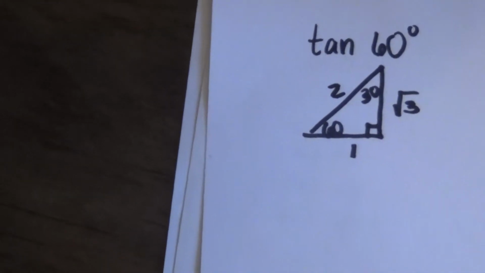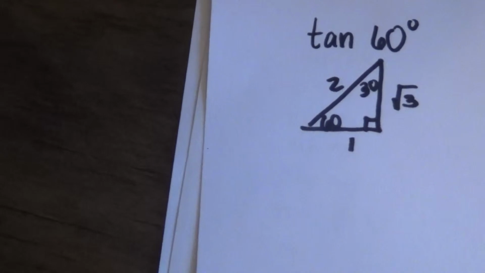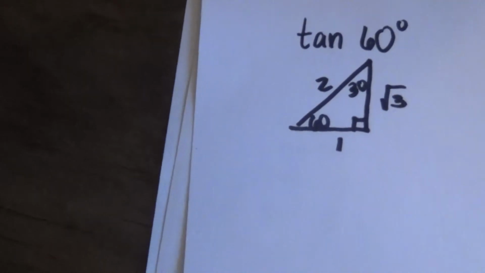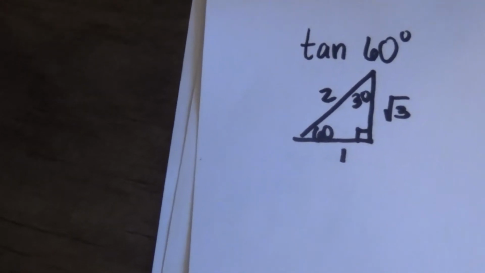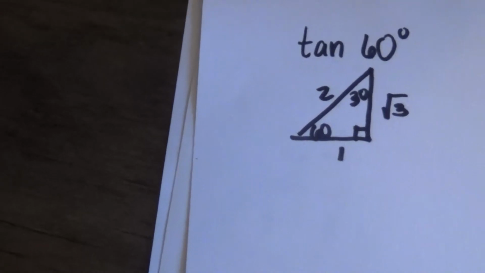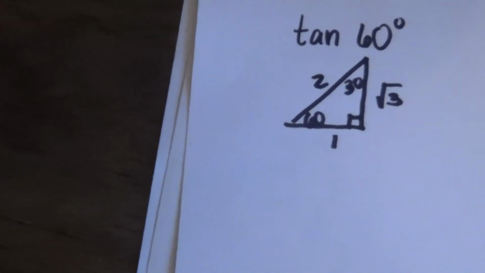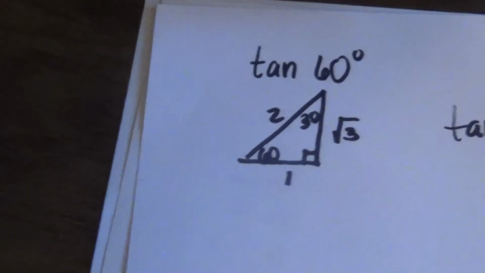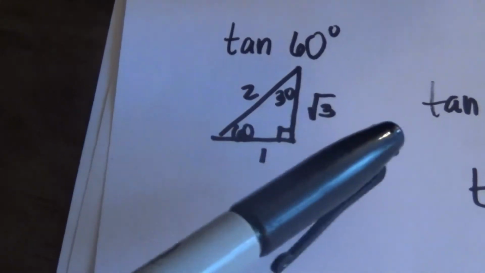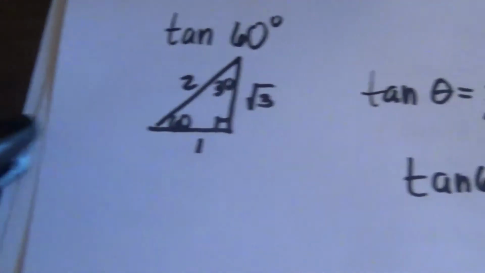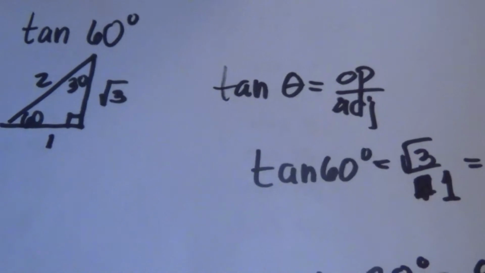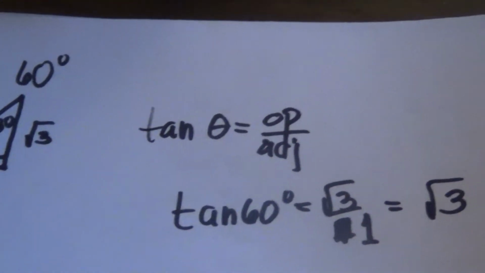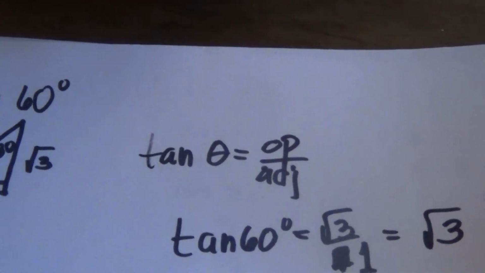We need to recall the parts are 1, 2, square root of 3. And the tangent of any angle is opposite over adjacent. So from the vantage point of 60, right here, it's going to be opposite over adjacent. So we put in the number square root of 3 over 1, which is the square root of 3.